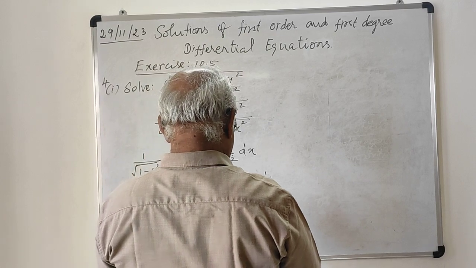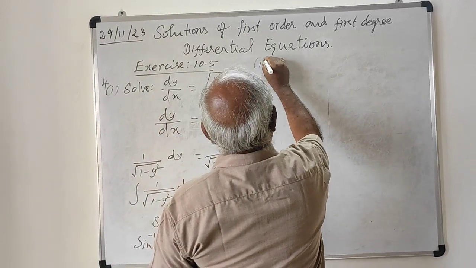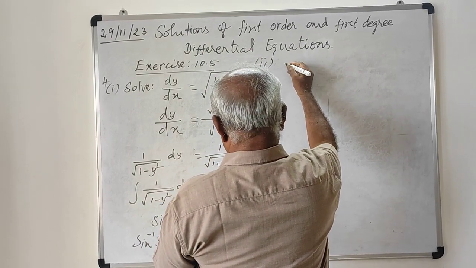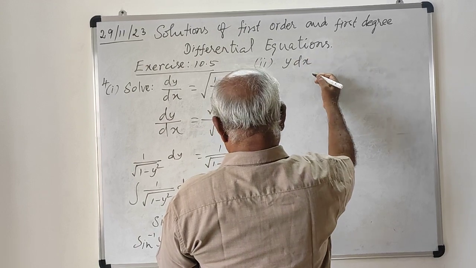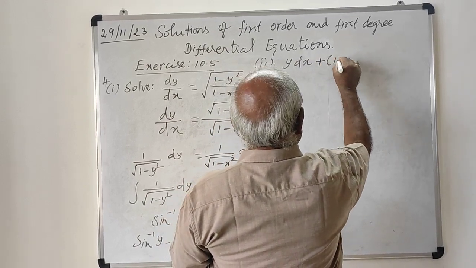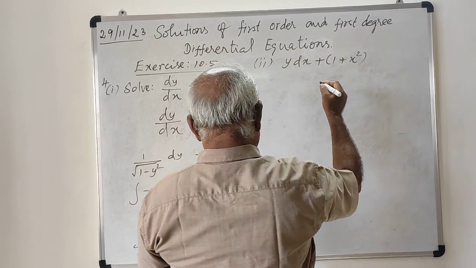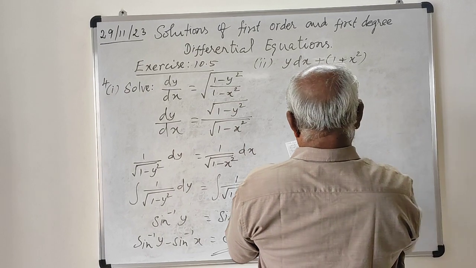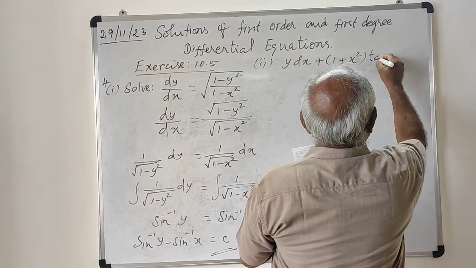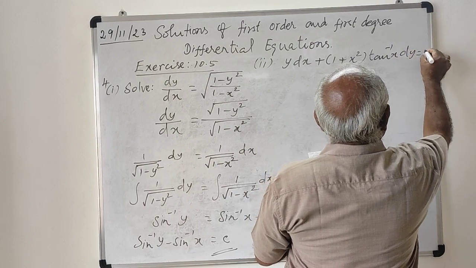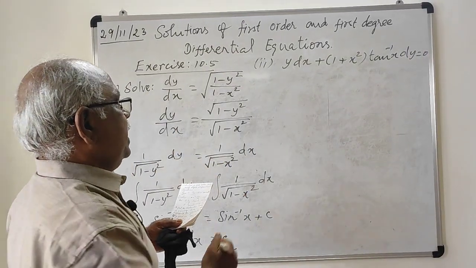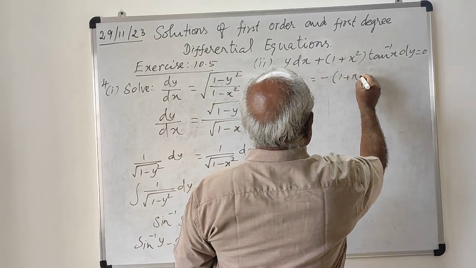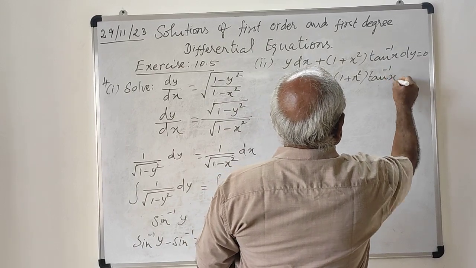Second problem in the exercise is: solve y dx plus 1 plus x square into tan inverse x dy equal to 0. That's all about the problem. y dx equal to minus of 1 plus x square into tan inverse x dy.